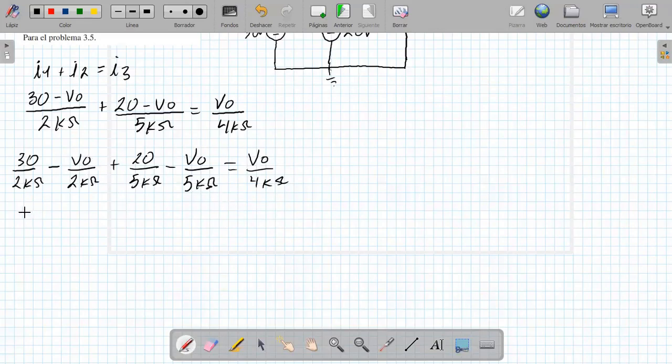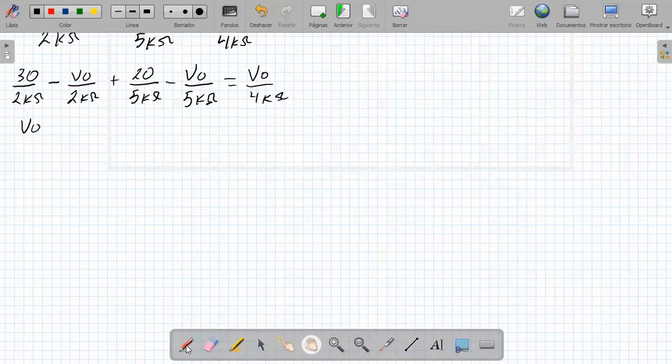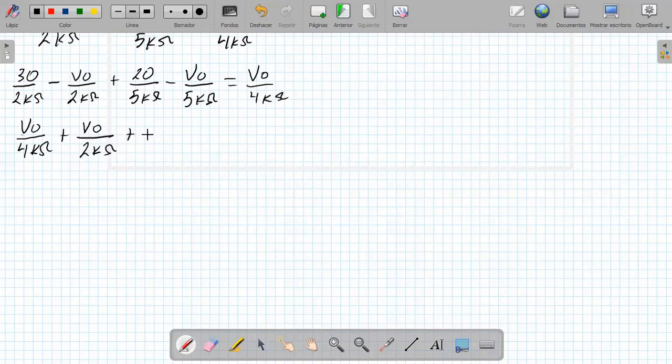V sub 0 over 4 kilo ohms plus V sub 0 over 2 kilo ohms, I'm just passing this to the other side with a positive sign, plus V sub 0 over 5 kilo ohms equals 30 over 2 kilo ohms plus 20 over 5 kilo ohms.